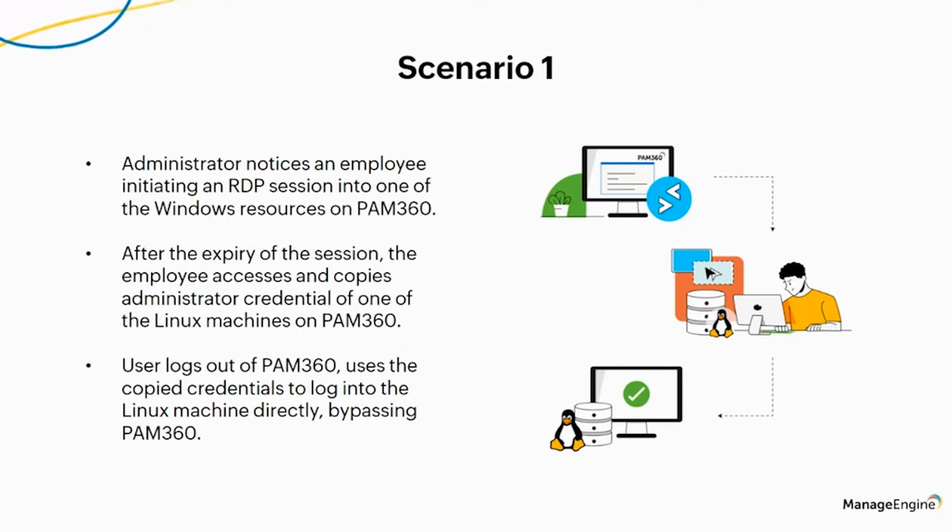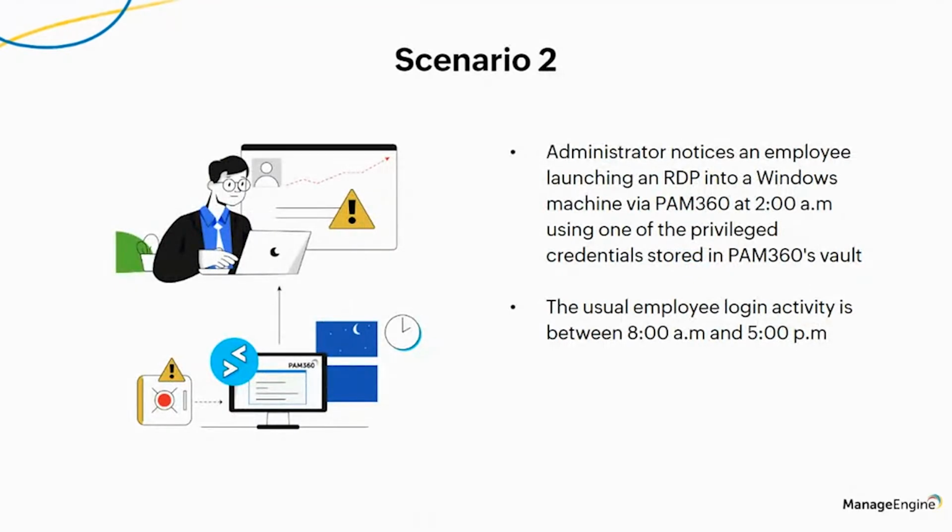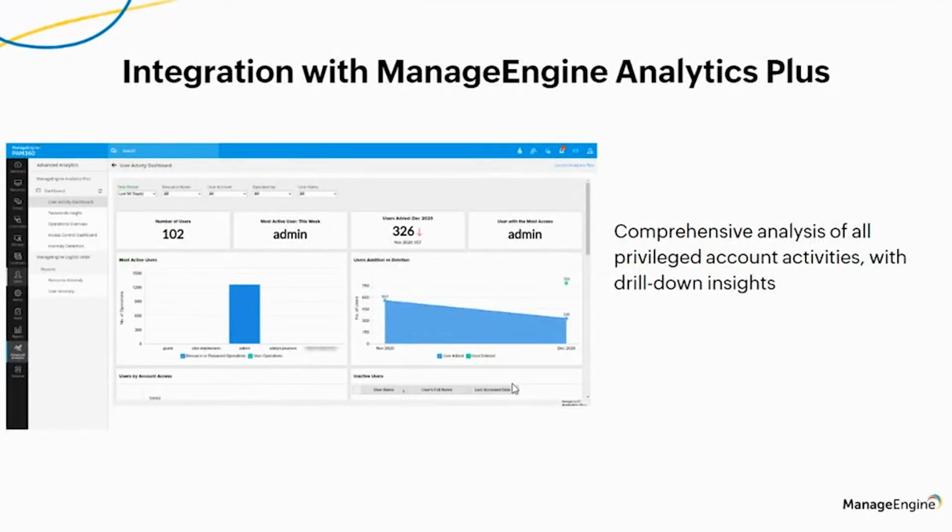It doesn't matter what they did after that, but the point is, the moment PAM recognizes something out of ordinary, like somebody logging into the system at a wrong time or somebody accessing a machine that they've never ever accessed, in all kinds of possible scenarios where something out of the ordinary is detected, the PAM360 solution will send out an alert saying that this looks like an anomaly.